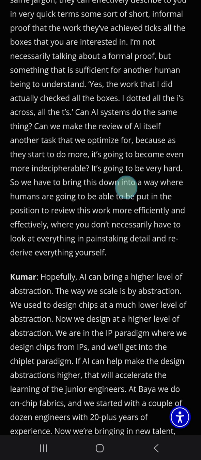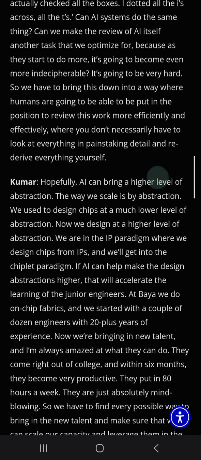So we have to bring this down to a way where humans are in a position to review this work more efficiently and effectively. You don't necessarily have to look at everything in painstaking detail and drive everything yourself. Kumar: Hopefully, AI can bring a higher level of abstraction.